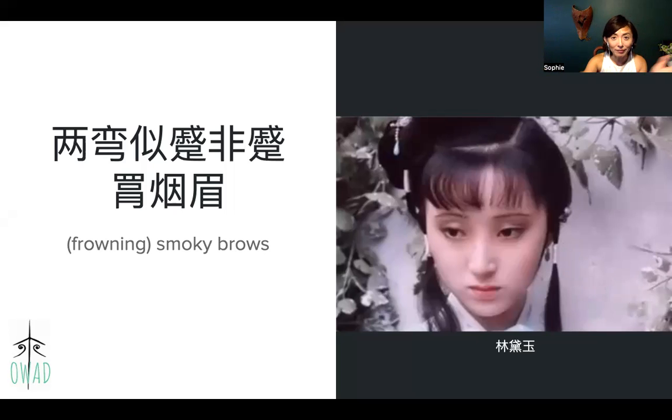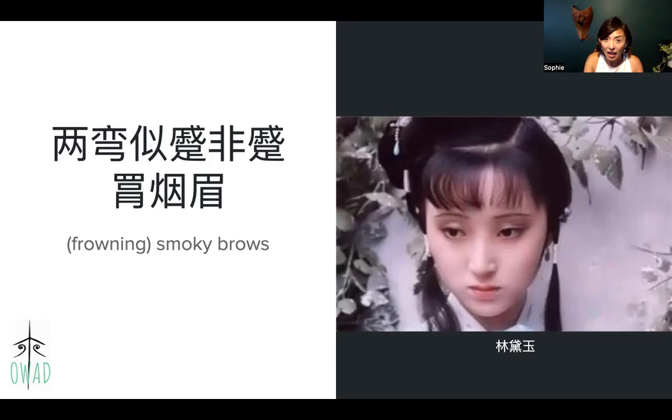She is one in that love triangle, and this depiction, 两弯似蹙非蹙罥烟眉, is dedicated to her. So this is how her eyebrow looks, and I guess you can envision this spiraling smoke eyebrow on hers. It's not like a contemporary thick, bold, in-your-face kind of eyebrow, but very subtle. It's almost floating on the face.